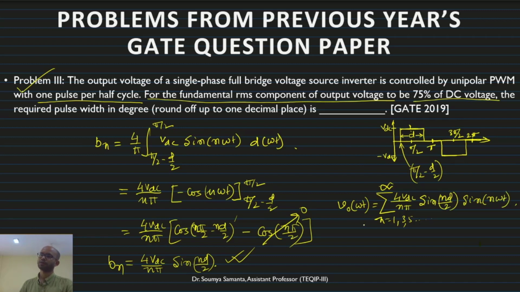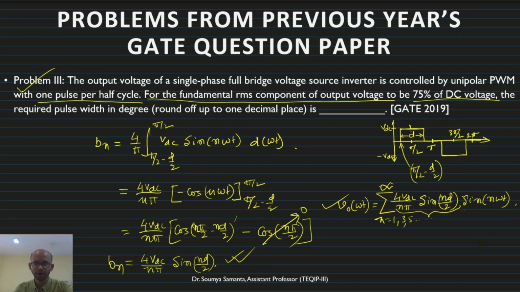This is the final expression of the output voltage here. Now this part is the peak value. So now if I take the peak value, we have to find out the RMS value.